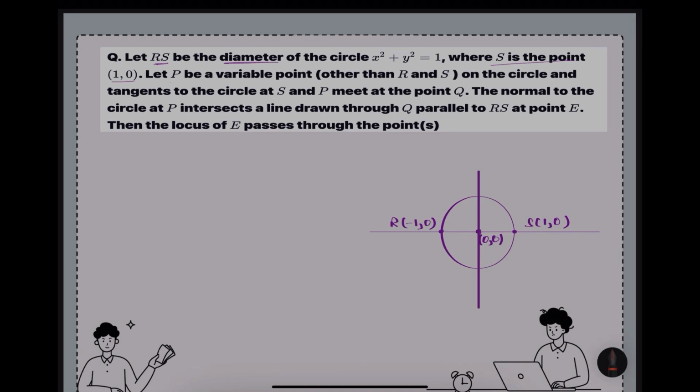Let P be a variable point other than R and S on the circle. So you have to imagine a variable point. Variable point means the point can be anywhere. So you have to imagine a point on the curve.